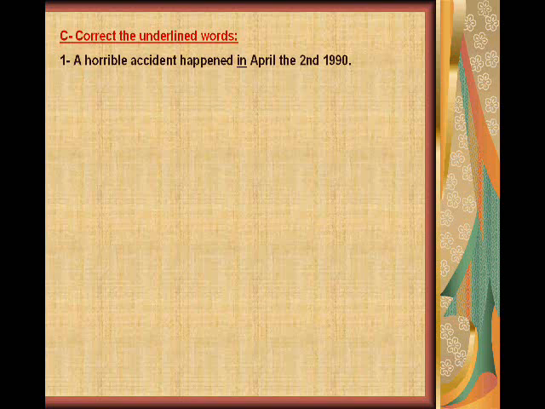Again, another of the same type. We have another sample. Correct the underlined words. Here, number 1, a horrible accident happened in April the 2nd, 1990. Okay, we are looking here at prepositions of time. So of course here we have April the 2nd, 1990. This is a date. Am I going to use in with it, or?